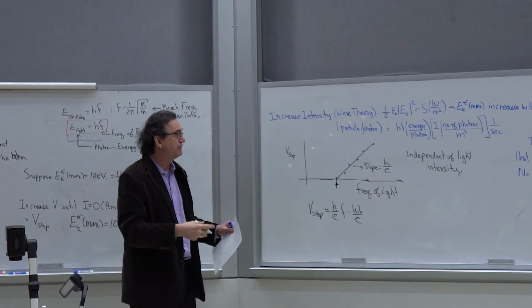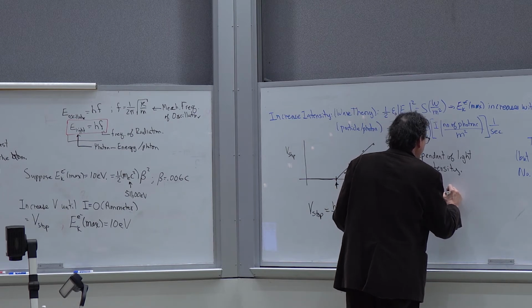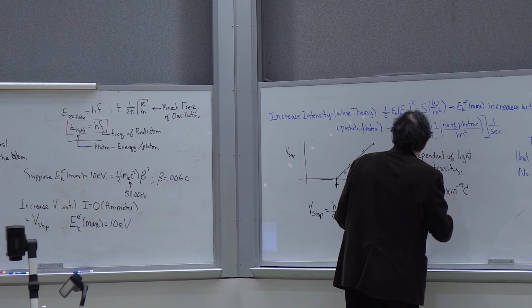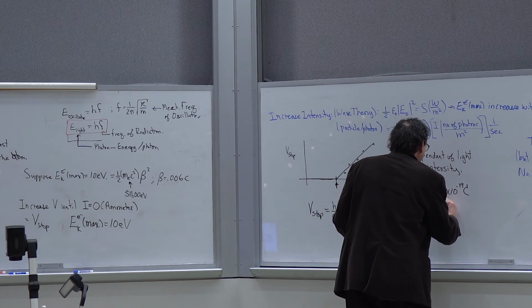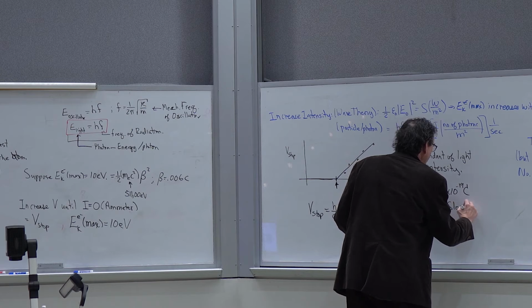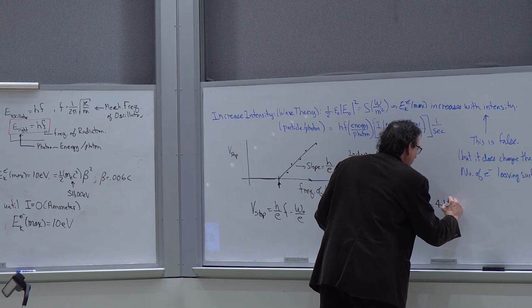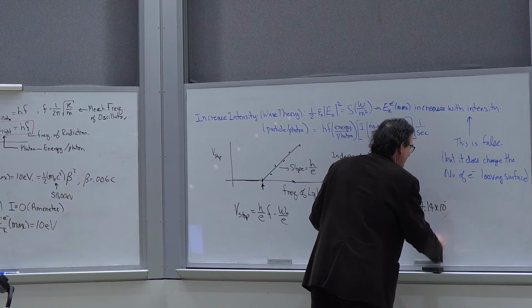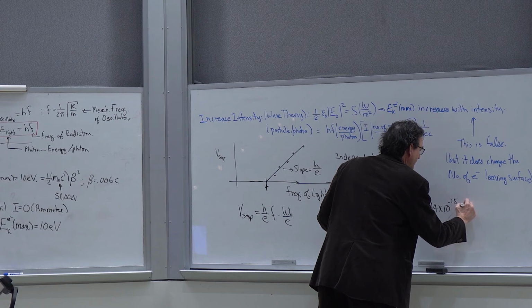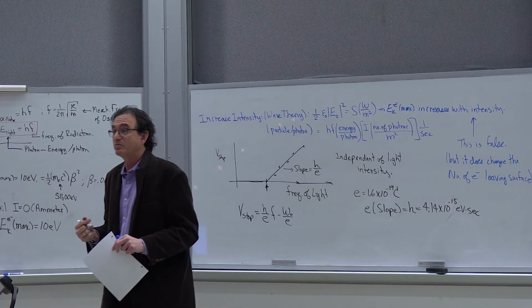So I do the experiment, I find out the slope, and now I can say that e, which is equal to 1.6 times 10 to the minus 19 coulombs, when multiplied by the slope, so e times the slope is equal to h, and I get that this is 4.14 times 10 to the minus 15 eV seconds. And I have now found a new way to measure Planck's constant.